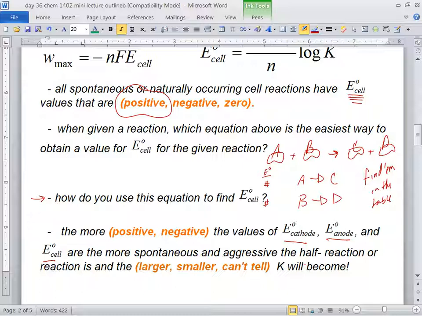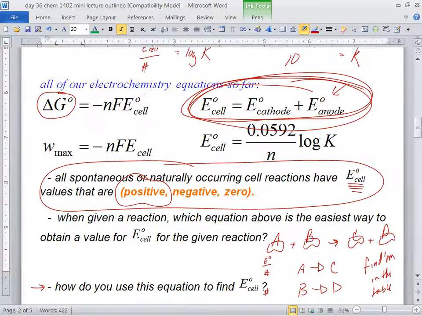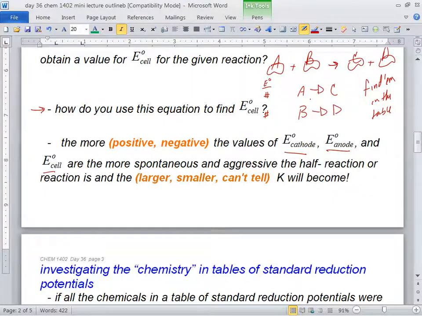Go back up to what we said. What did we say here? You want big positive E0 cells to be spontaneous, right? So if you want a big positive E0 cell to be spontaneous, you want big positive numbers for this. You want big positive numbers for that. Okay? So the more positive those numbers are, the more spontaneous it will be.